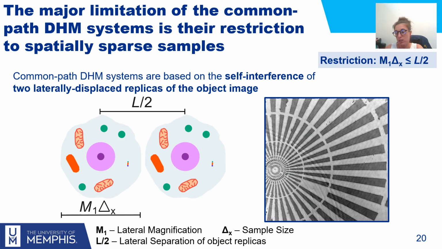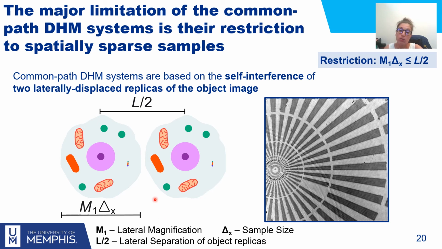So it's super great to have common path imaging systems, but as I was saying, they are based on the self-interference of two laterally displaced replicas of the object, right? So this is one replica of the object, and I have another replica of the object.